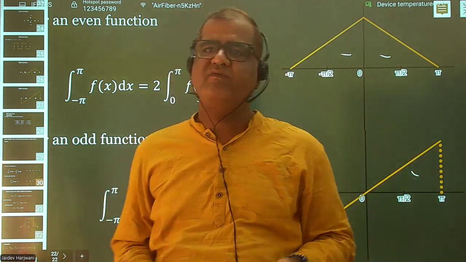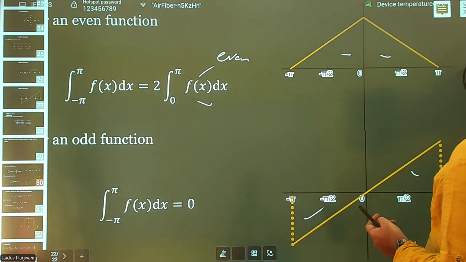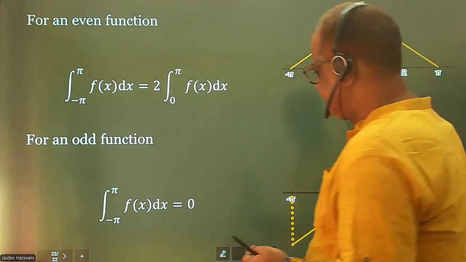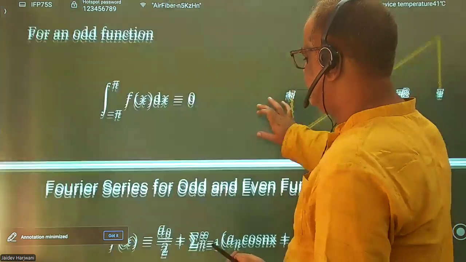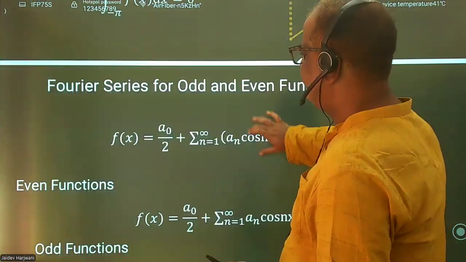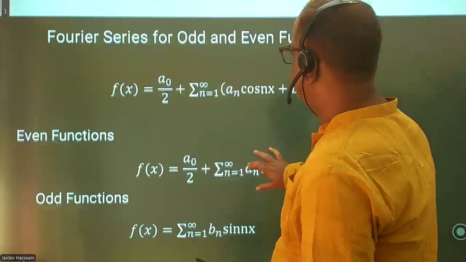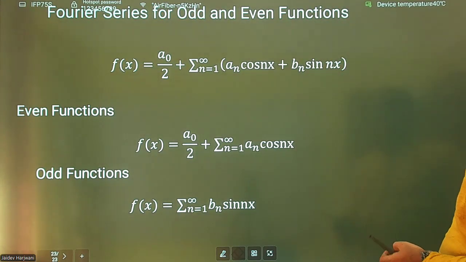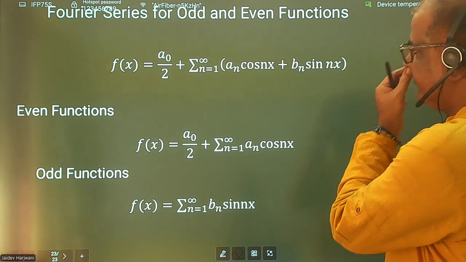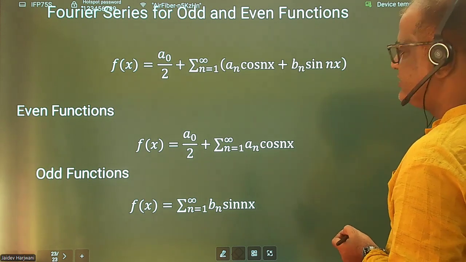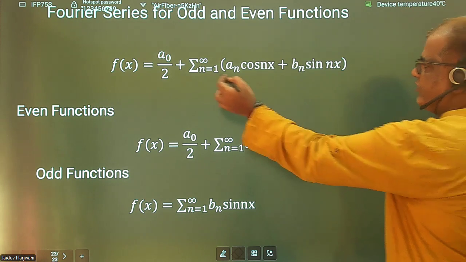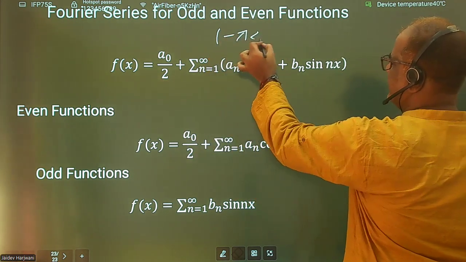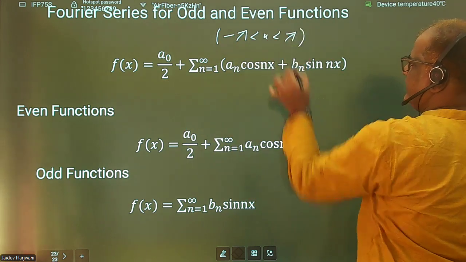Whenever the function is even or odd, the Fourier series becomes simpler. Say the function is even. This is the series I'm writing in the interval minus pi to pi.